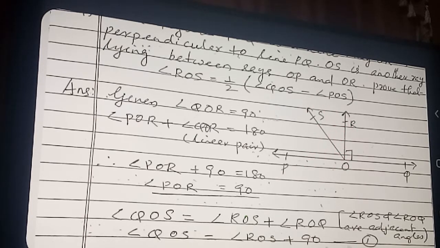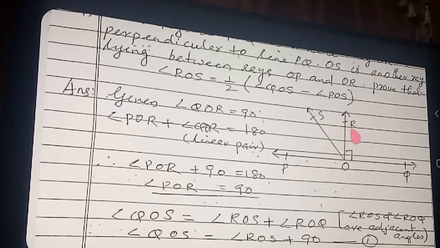So I am going to find the value of QOS. First identify QOS, from where to where. Listen, where the teacher is pointing. QOS, understood? This angle is formed by two angles: angle ROS and angle QOR.